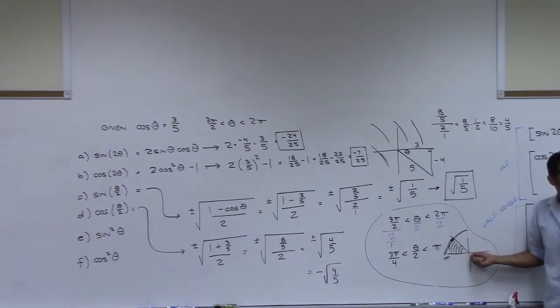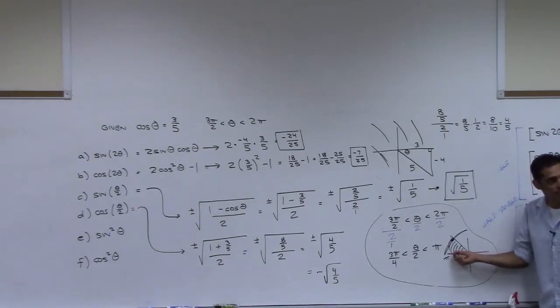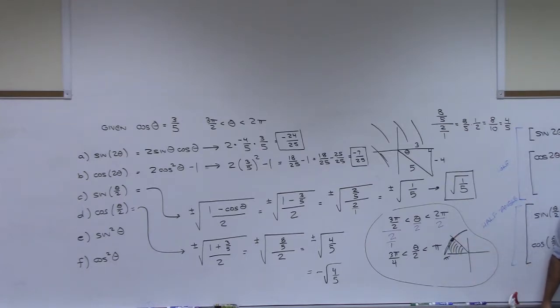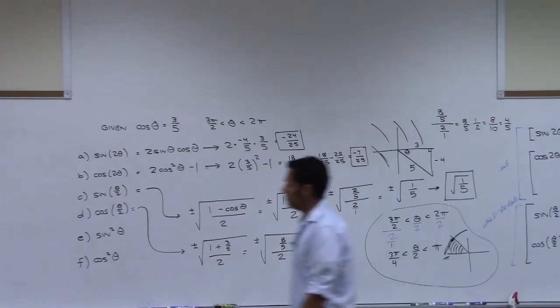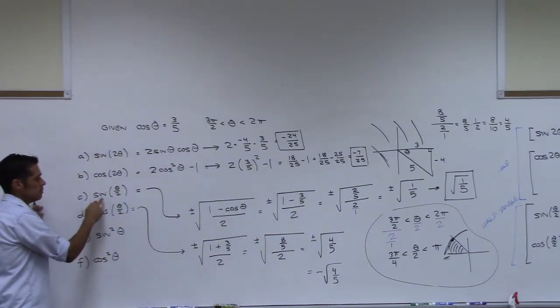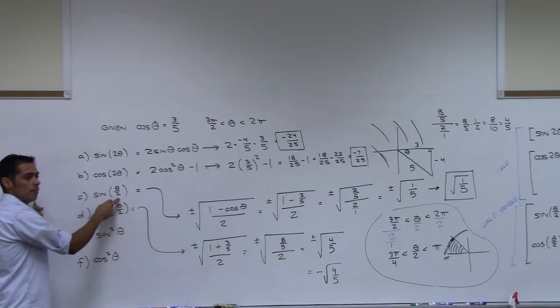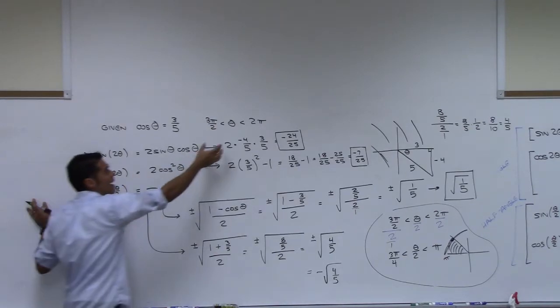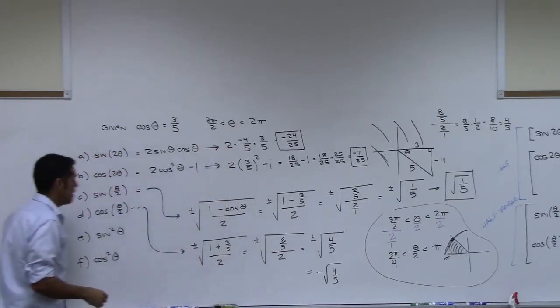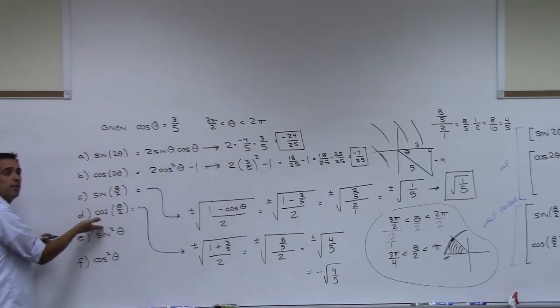Negative x means cosine is negative. Positive y means that the sine was positive. And I guess it all depends on the first thing that we're talking about, like we did with the previous problem, sine of half of the angle. Yes, I halved the restriction that was given to us. Okay, I got it. And just remember y-coordinate, x-coordinate.